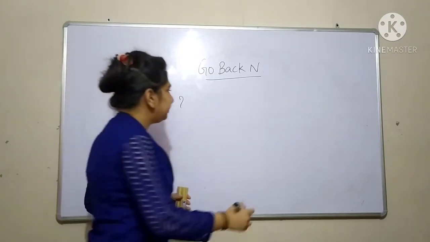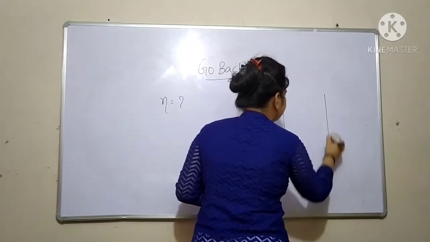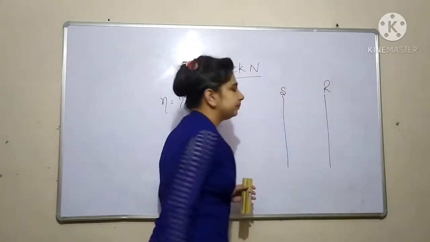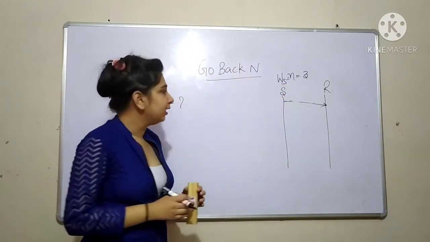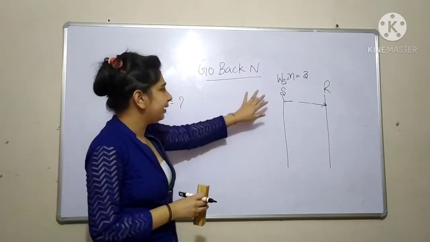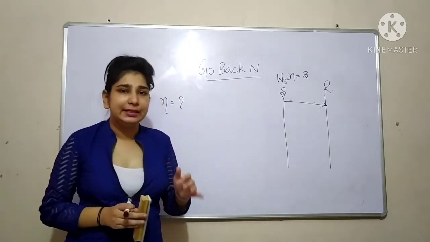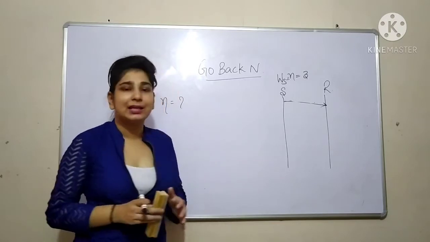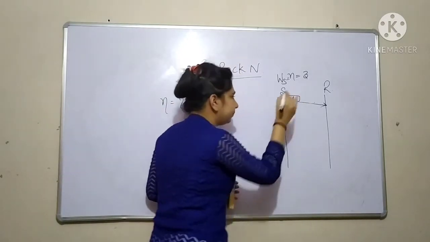So firstly, let me tell you, this is a sender and this is a receiver. The sender window size in this case is 3. In stop and wait, the sender was sending only 1 packet and after that it was sitting idle. But in this case, what happens? Initially the sender sent 1 packet.